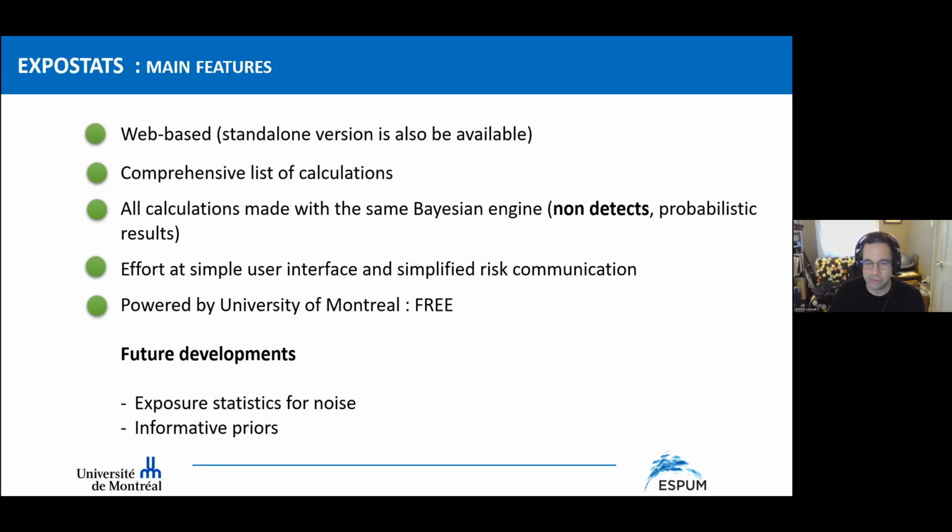All the calculations are made using Bayesian statistics. And we try to create a relatively simple user interface and some infographics that facilitate risk communication. And it's free because it's basically powered by the University of Montreal, paying my salary.